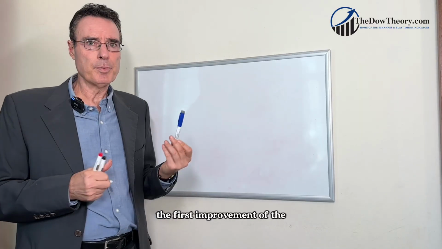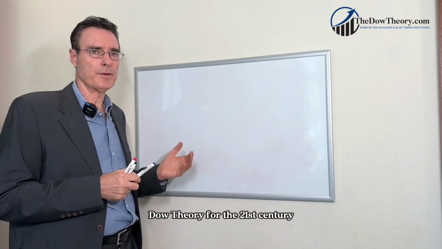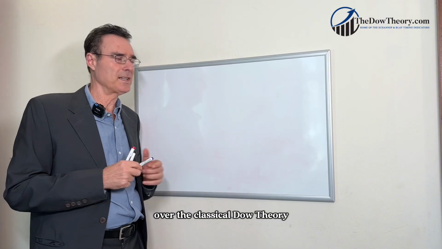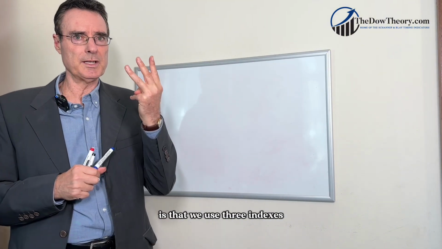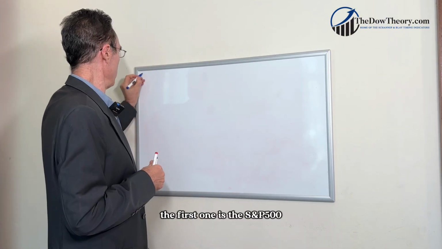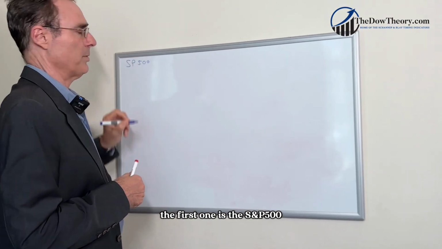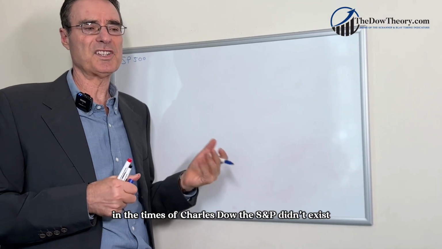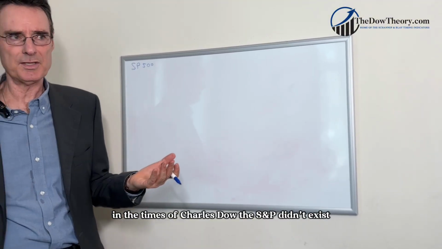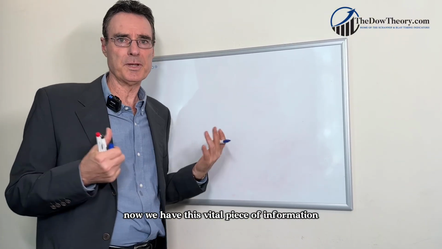The first improvement of the Dow theory for the 21st century over the classical Dow theory is that we use three indices. The first one is the S&P 500. In the times of Charles Dow, the S&P didn't exist. Now we have this vital piece of information.